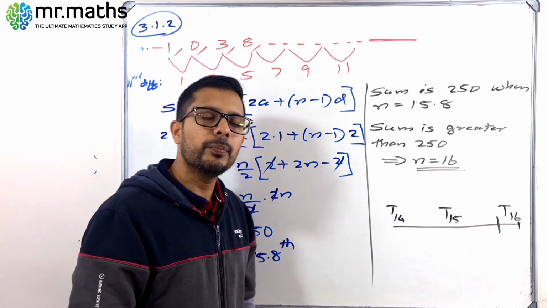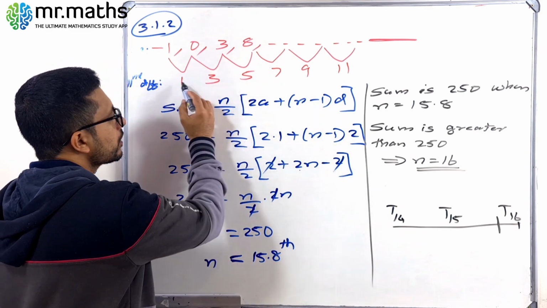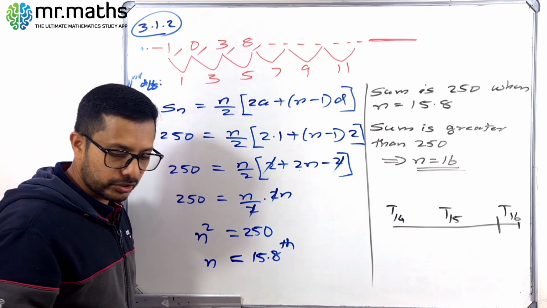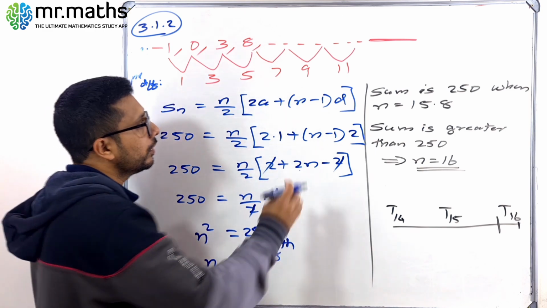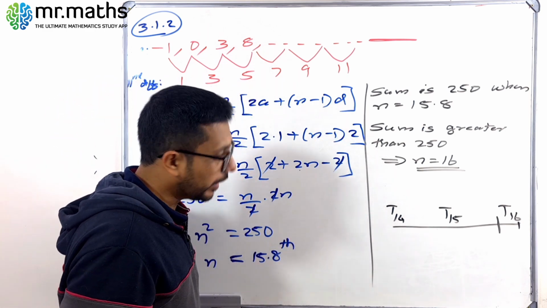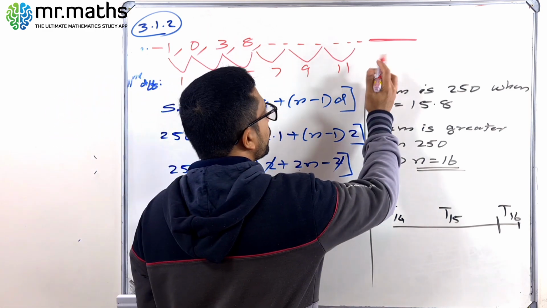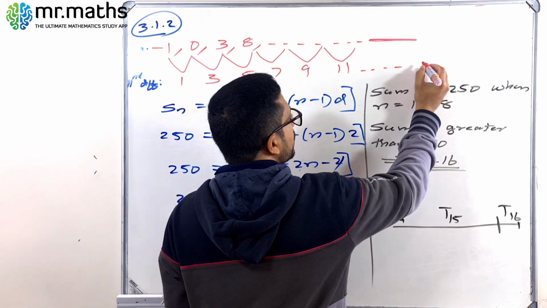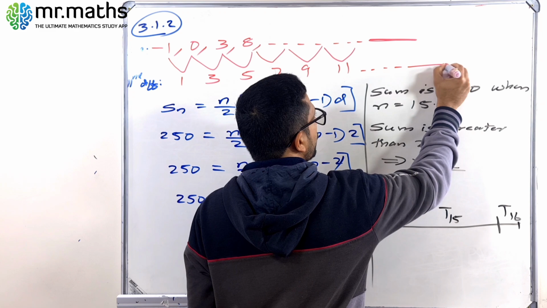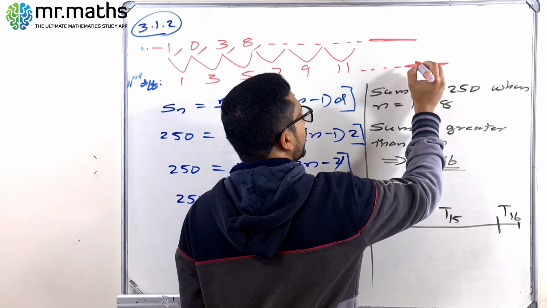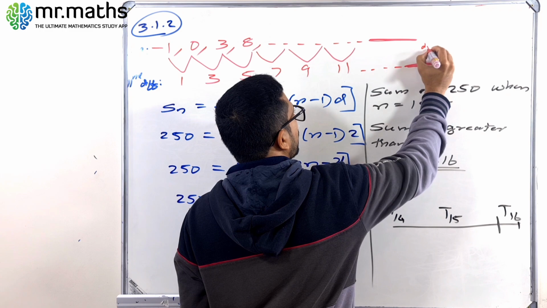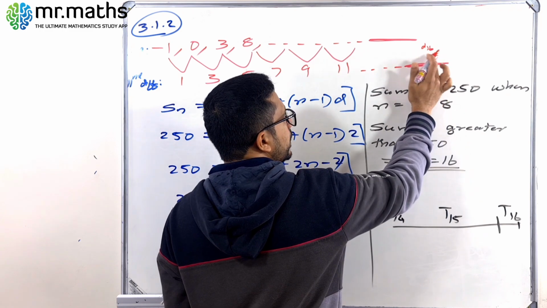Okay, so it means that in this first difference, when this one is continuing like this, on the 16th term, assume that this is the 16th term, D16.